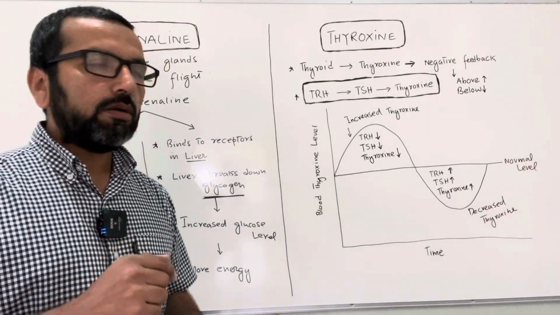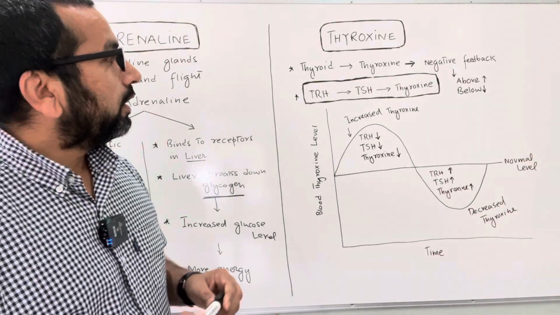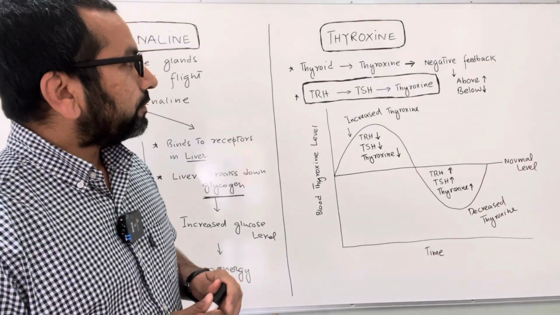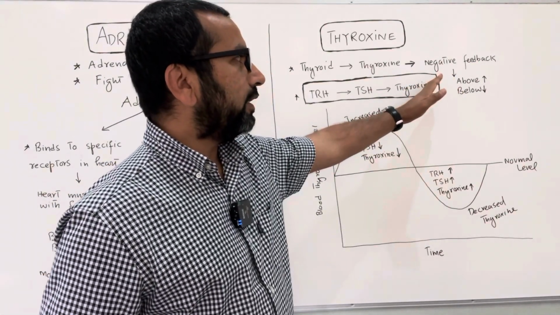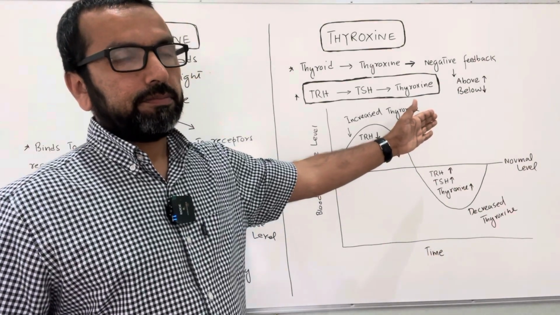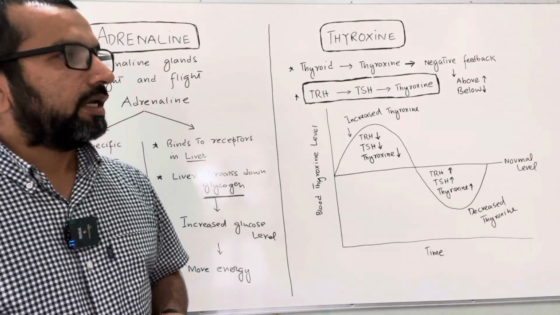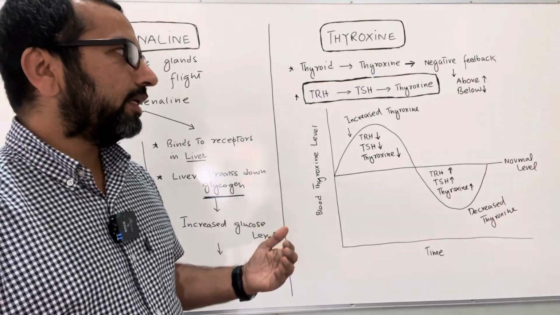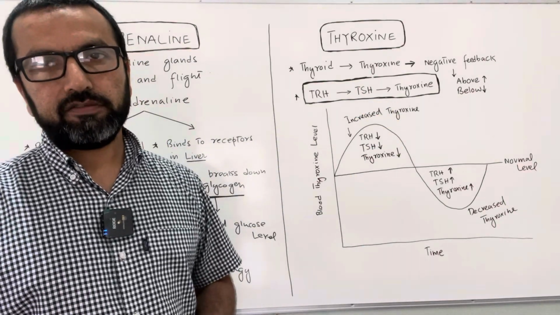Above or below the normal value, the negative feedback will cause a response, and that response will bring the amount of thyroxine back to its normal value.